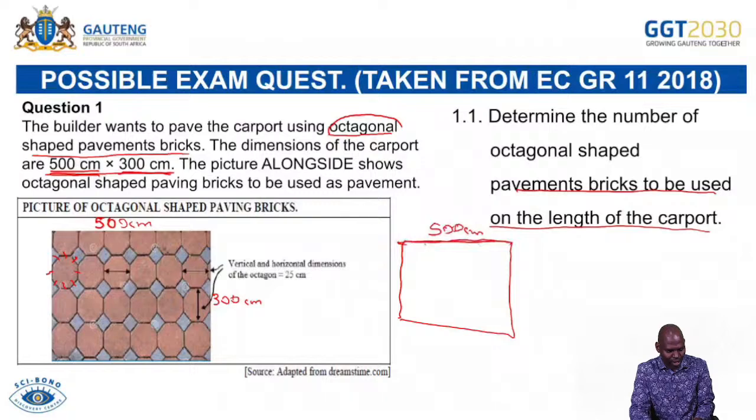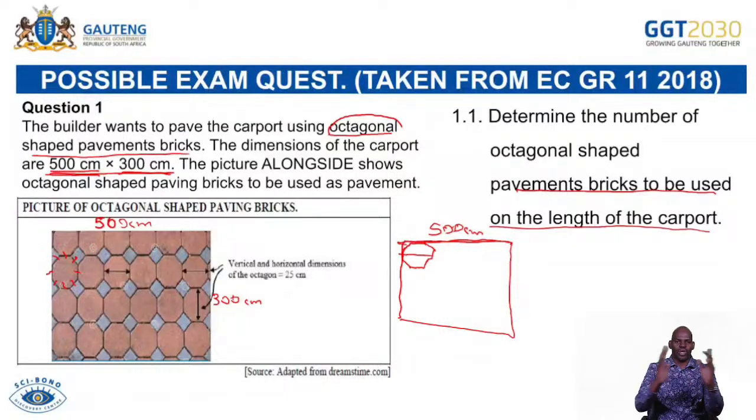If you look at the shape, the width of the brick is, in this case, indicated as 25 centimeters. So the wideness or the width of the brick is 25 centimeters.